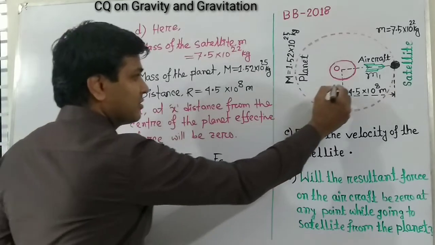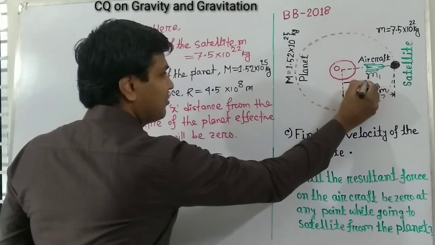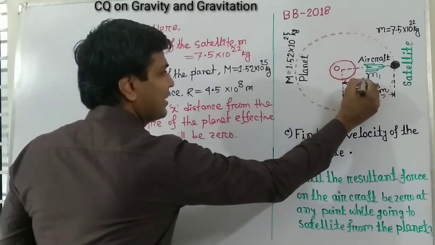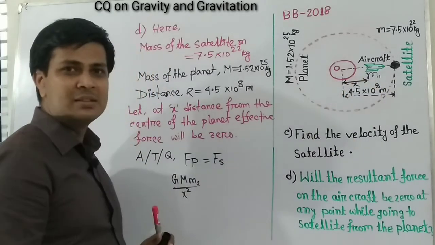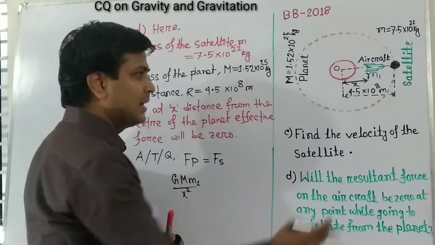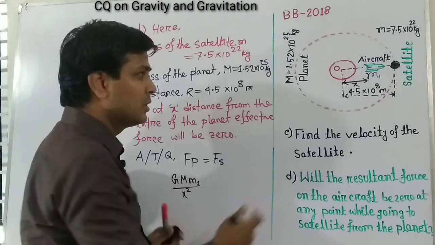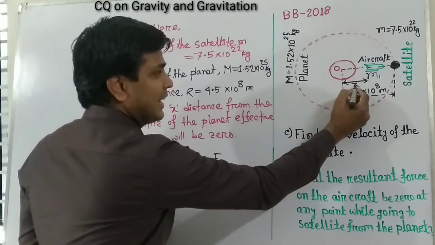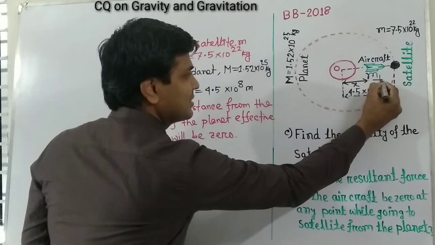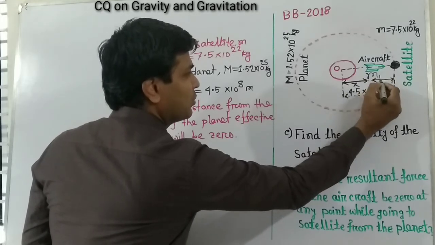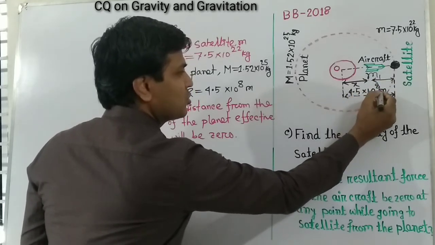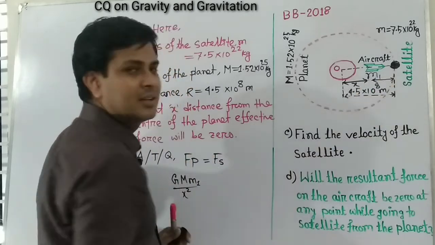Suppose from the center of the planet the distance is x, where the aircraft will feel effective force zero. Then the distance from the satellite to that point will be 4.5 into 10 to the power 8 minus x.